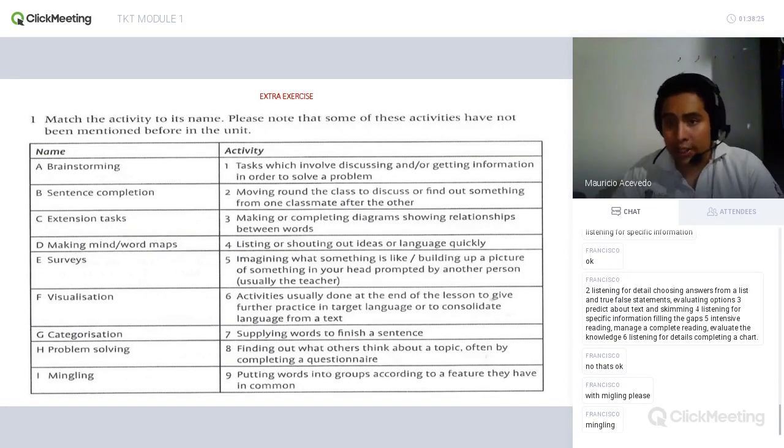Well, each student. They are asking each other, and you as a teacher, you are a guide. You need to be attentive to what the students answer.